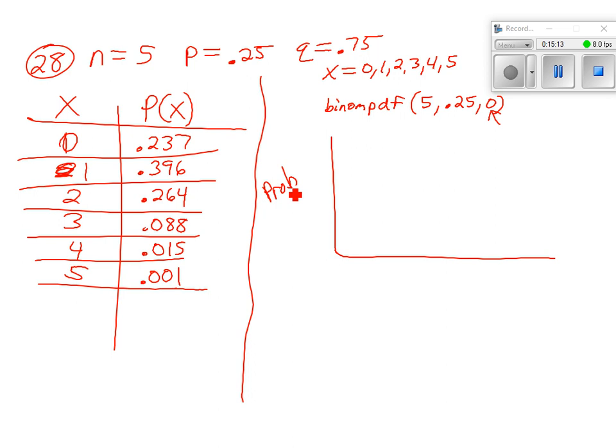On this side, it's going to be the number with no trouble sleeping. And for our horizontal, we got 0, 1, 2, 3, 4, and 5.